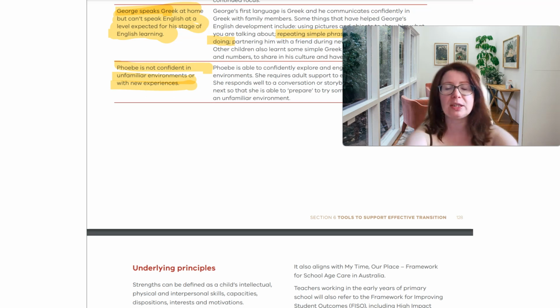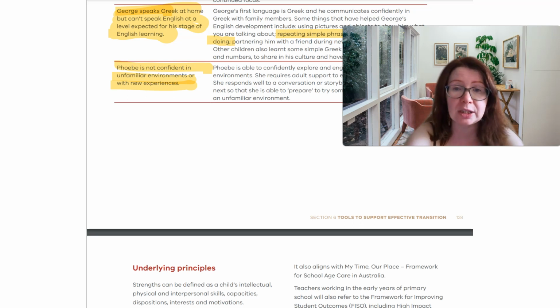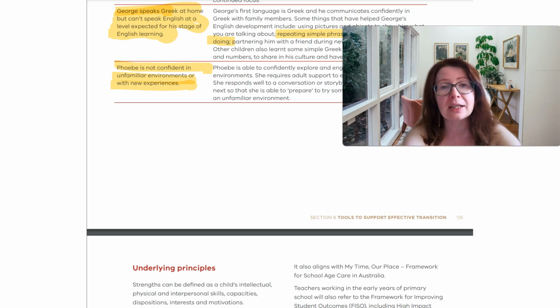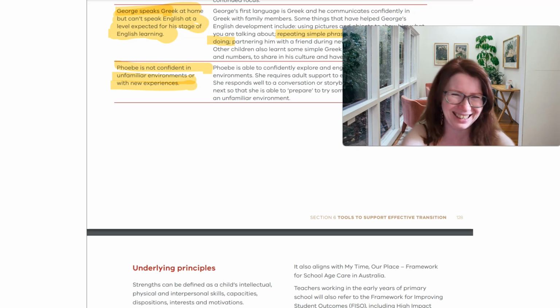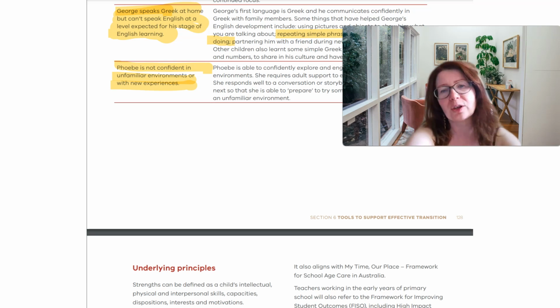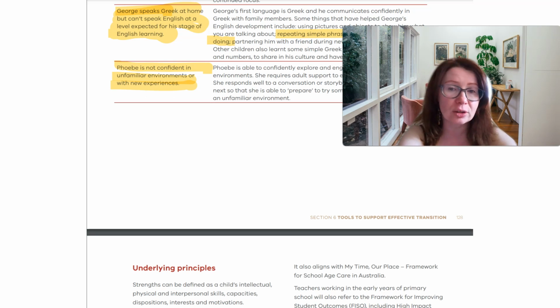So you can also see that it's not just amazing in terms of how we describe the child's capabilities, but it's also not overly sweet and positive. It's just factual, and it is doing what assessment should be doing. It tells us the zone of proximal development for the child, and tells us the zone of current development, or actual development, as Vygotsky called it.